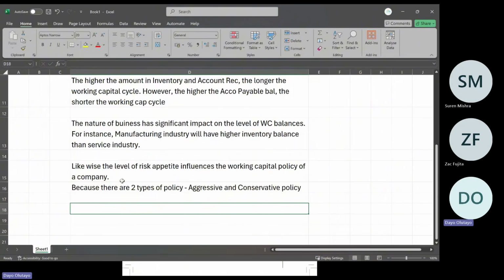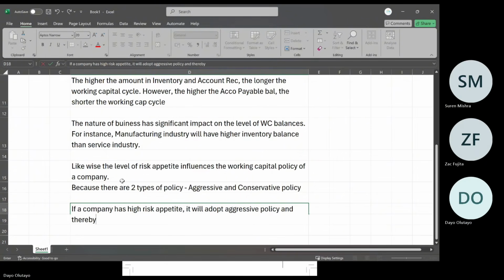And we have to say something about it. We can't stop there. If a company has high risk appetite, it will adopt aggressive policy and thereby have low level of working capital.